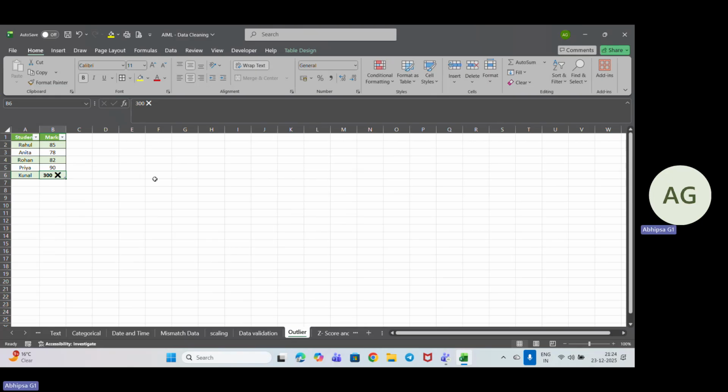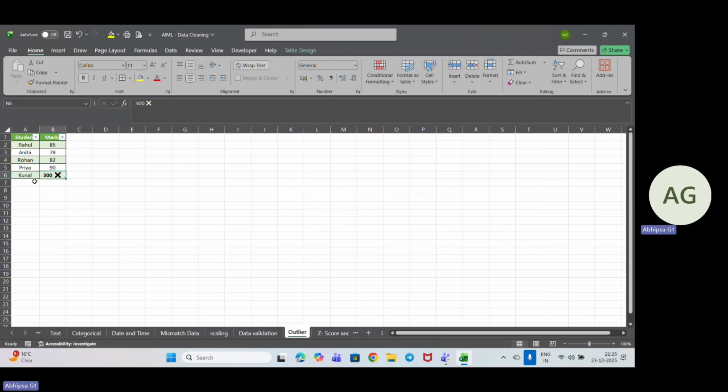So that can be a natural outlier, not an error-based outlier, but this 300 is of course an error outlier because the maximum marks is 100. However intelligent a person is, they can't move out of the maximum range limit, right? So this is an error-based outlier that we are getting.